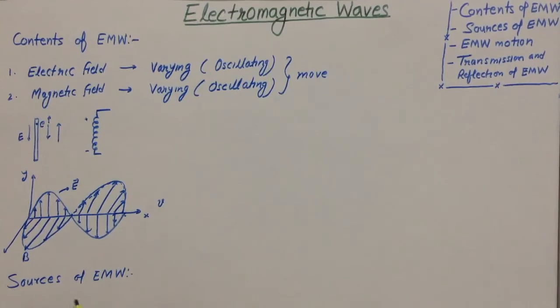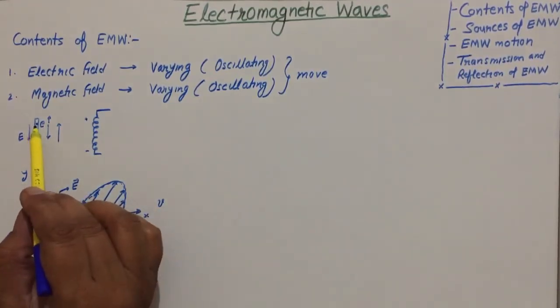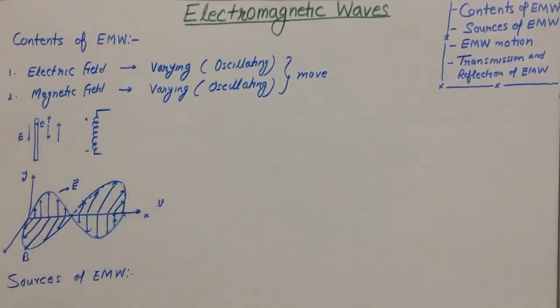The source of electromagnetic wave is the electric charge, and we know that there are two basic characteristics of material. One is mass and another is electric charge.